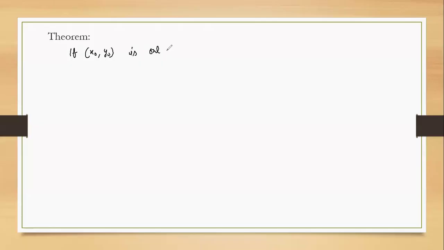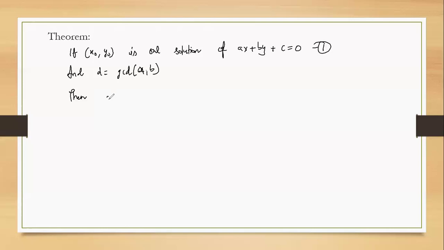If x0 and y0 is one solution, basically the starting solution, of the equation ax + by = c, and we consider this equation 1, and d = gcd(a, b), then the other solution, that is x1, here the subscript 0 represents the starting solution and the subscript 1 represents the second solution.